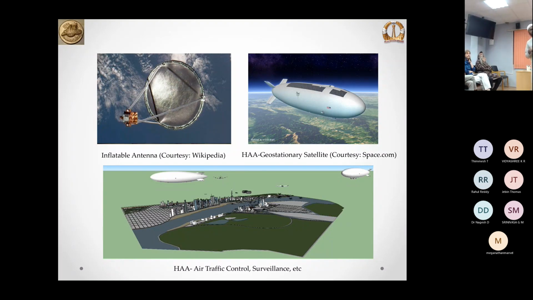Here, one application I show is high altitude airships flying in the air. They can be used for air traffic control, or for survey. An application can be a platform in the air.